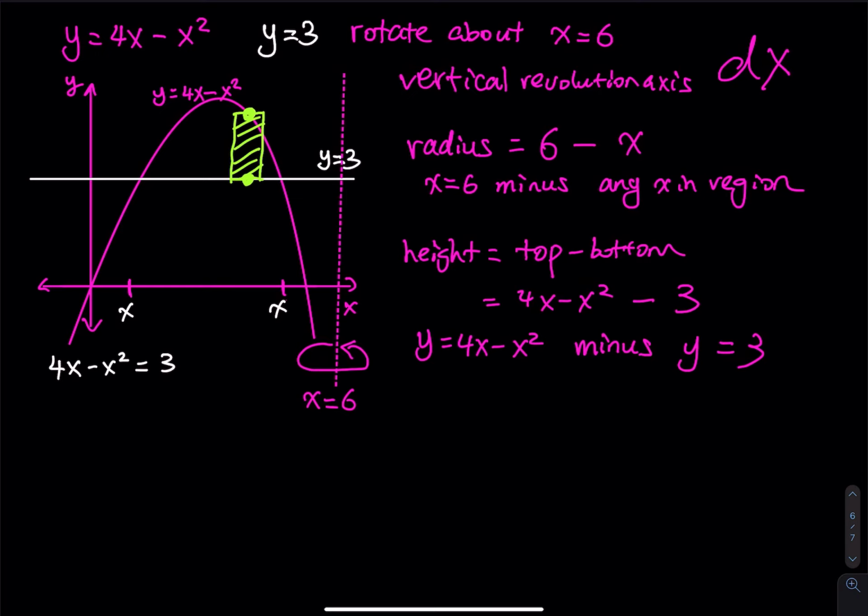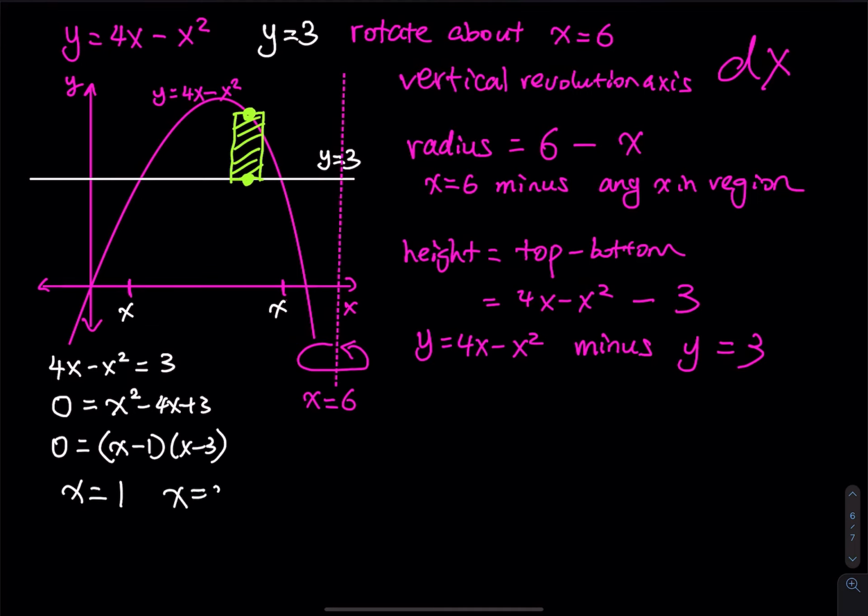I want to keep the x positive, so I will put all the terms to the right. So this is x squared minus 4x plus 3 equals 0. And I am lucky, this can be factored completely: x minus 1 times x minus 3. And then x equals 1, x equals 3. So now I can erase the x and put x equals 1 and x equals 3.